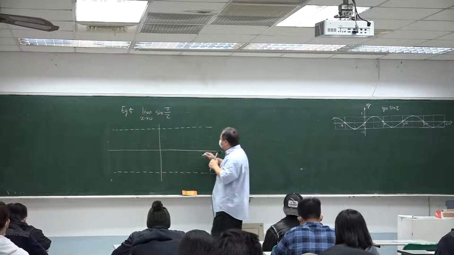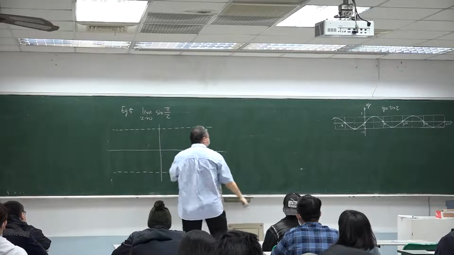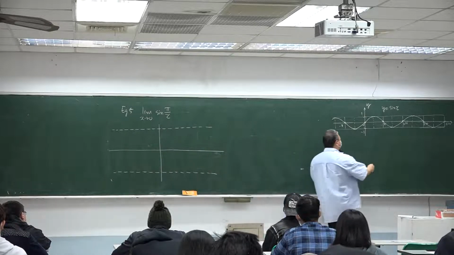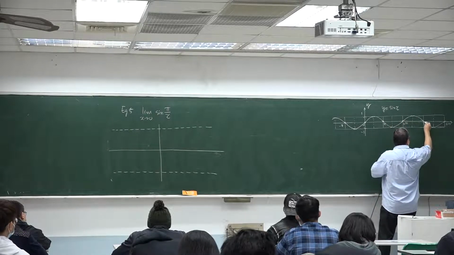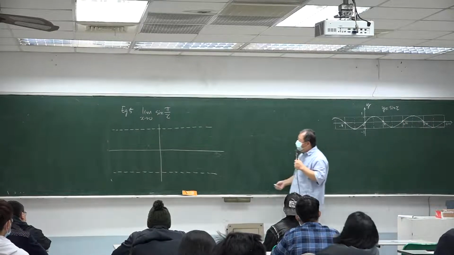And this value is 0 when pi over x equals pi, 2 pi, 3 pi, 4 pi, and so on.